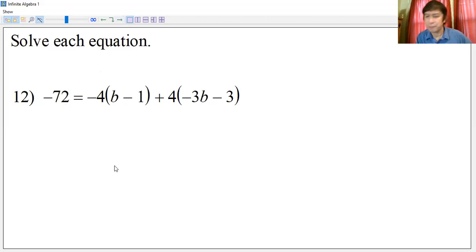We should be able to determine if 72 is divisible by the number 4. How much is that? 18. 72 divided by 4 is 18. If you divide 72 by 2, that's 36. Dividing 36 by another 2, that looks like 18. Yes, 18. So we can actually reduce this and come up with smaller numbers.